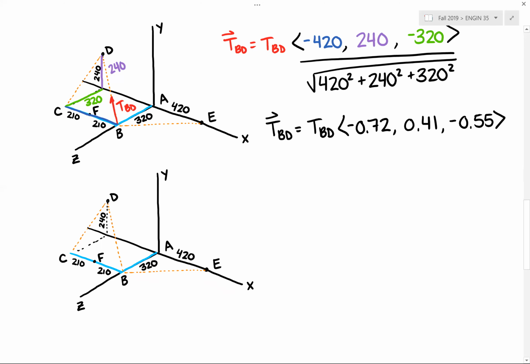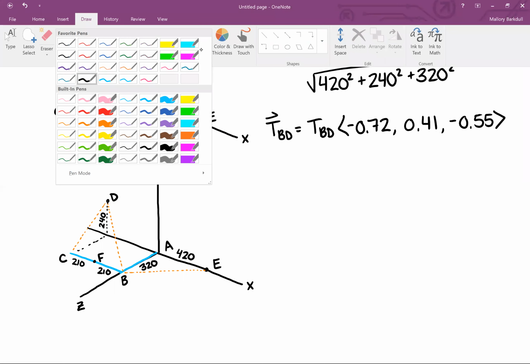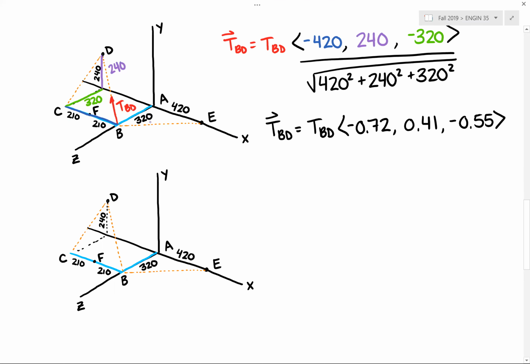I can draw those 3 components, so I can replace my red TBD vector with the 3 components applied at B. So I have this going in the positive y direction. That's going to be TBD y, where TBD y is equal to 0.41 TBD.